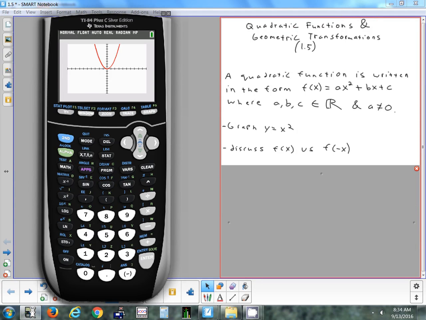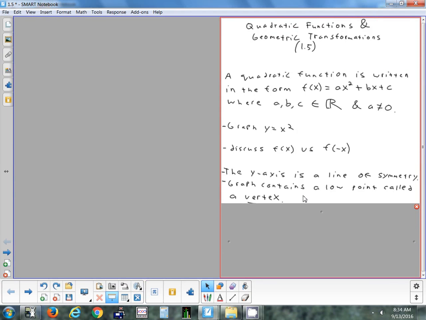Nothing. They're the same graph. If you graph something and it comes out the same when you plug a negative in for x, that means it's symmetrical over the y-axis.